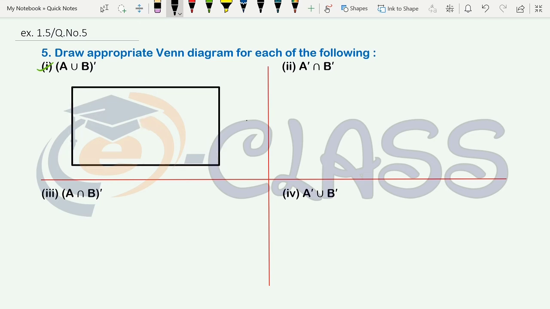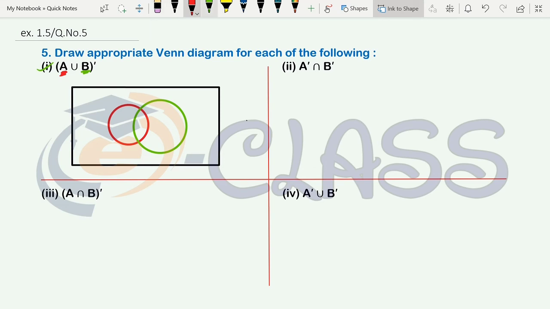Now we need just two sets, that is A and B. The sets are represented by circles. So take A, and another set, say B. The green one is B and the red one is A, and this is the universal set.